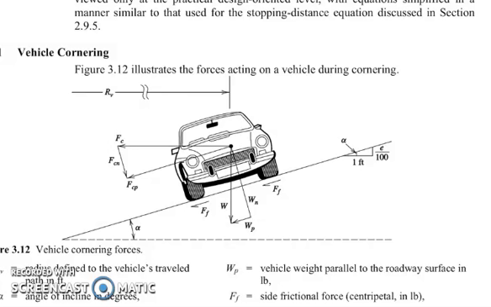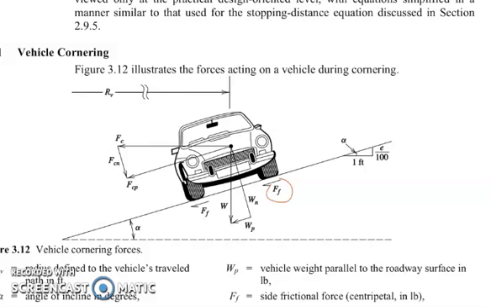Then we have F sub Cn, which is the centripetal force acting normal to the roadway surface. We have F sub Cp, the centripetal force acting parallel to the roadway surface. And then we have F sub F, which is the side frictional force.